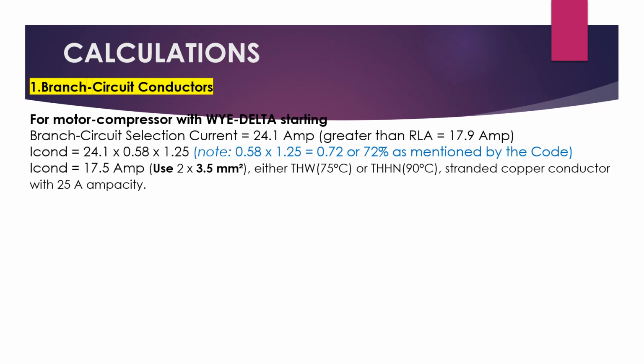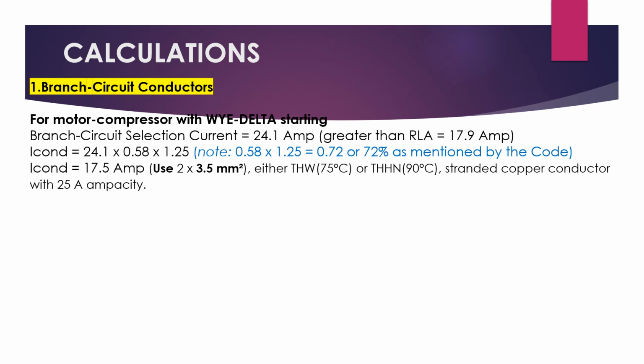Now for the calculations, going to the branch circuit conductors. Basing on the details from the motor compressor nameplate, and with Y-delta starting, the branch circuit selection current is 24.1. It is greater than the rated load amperes, which is only 17.9 amperes.